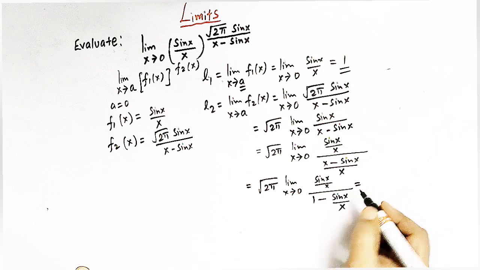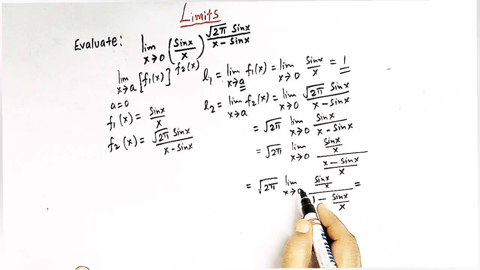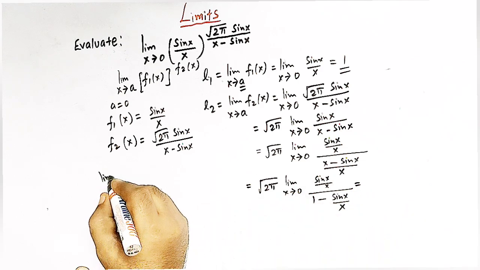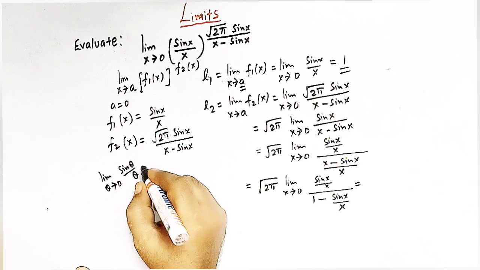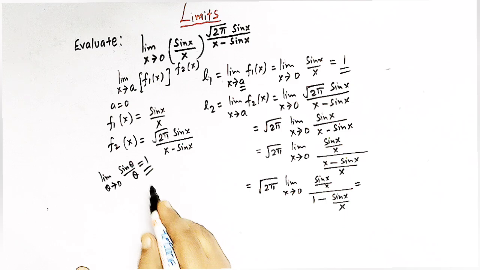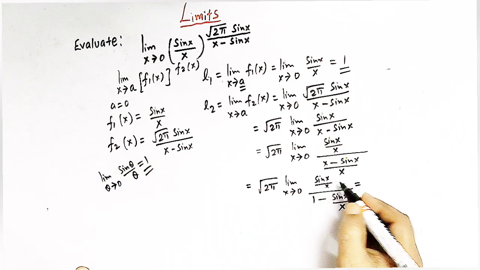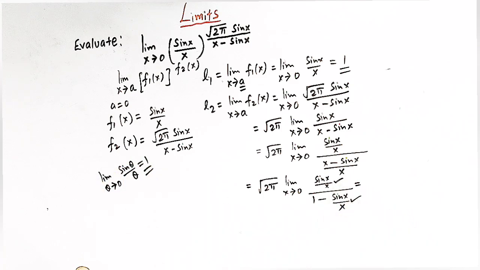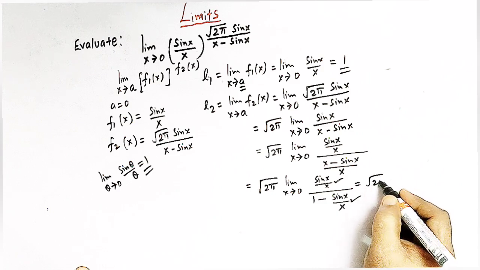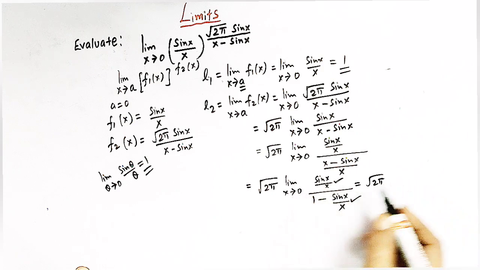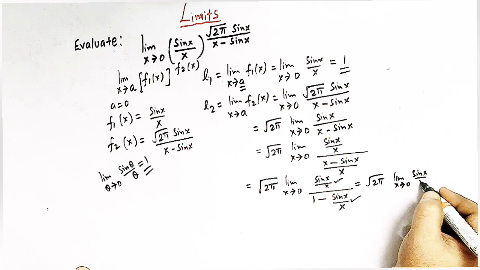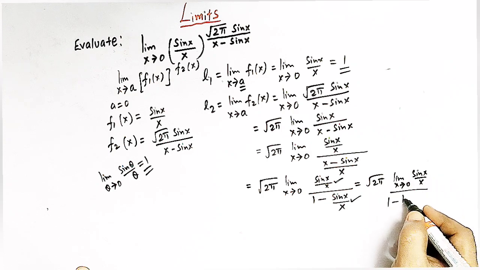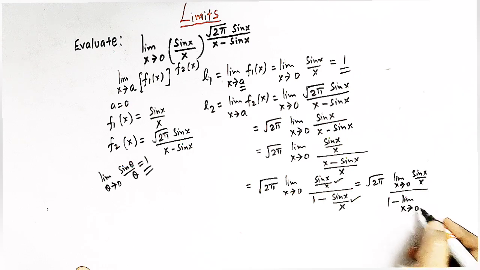So now from this expression we can see that the limit theta tends to 0, sine theta over theta is equal to 1. So we can use this result over here and here, right? So we can now write square root of 2 pi and limit x tends to 0, sine x over x divided by 1 minus limit x tends to 0 sine x over x.